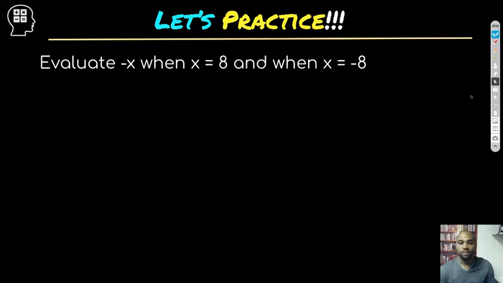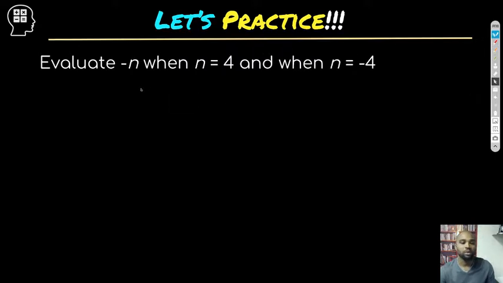Let's do one more actually. So -n. What if I put a 4 there? What does it equal? It originally was a -n, so the opposite of whatever my n is. So n is equal to 4. What's the opposite of a 4? Well, that'd be a -4. So this will equal -4.